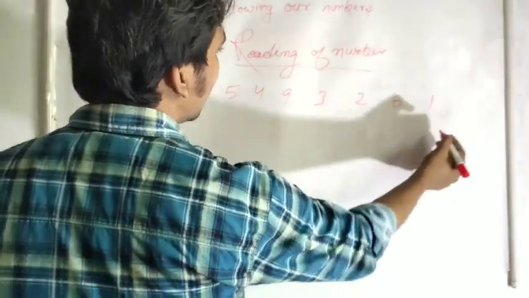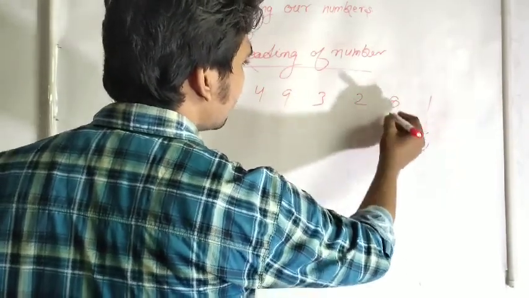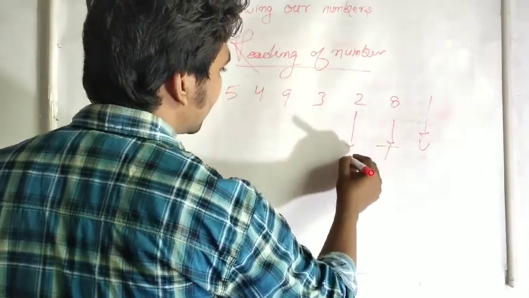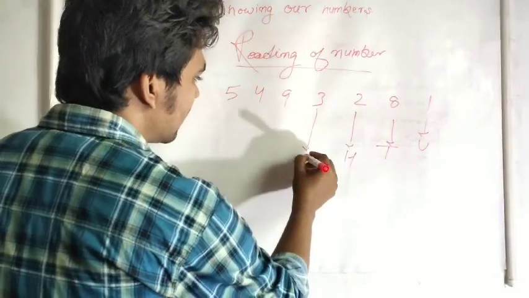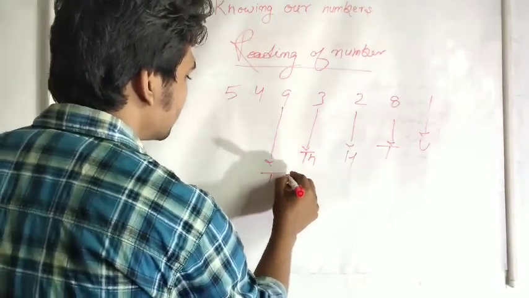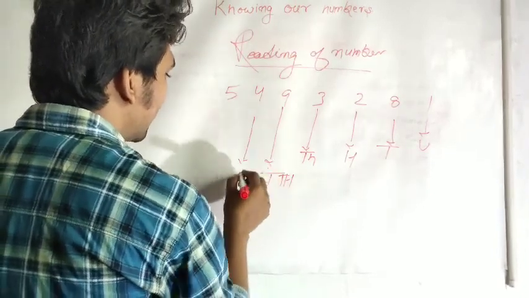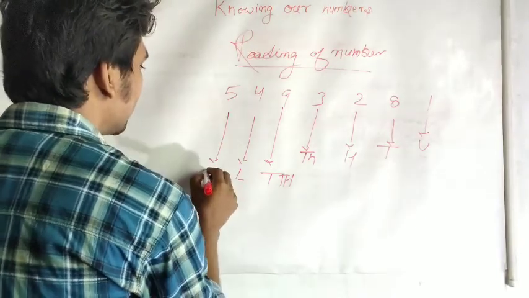From the right side, 1 is at unit place, 8 is at tenth place, 2 is at 100 place, 3 is at 1000 place, 9 is at 10,000 place, 4 is at lakh, and 5 is at 10 lakh.